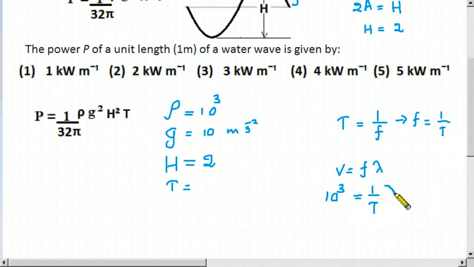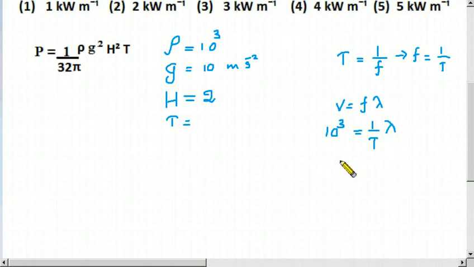So lambda is the next problem. If we know lambda, we can find T. But we have used several times the equation lambda equals root of g times h, where h is the depth of the sea at that place. This is the equation for the ripple tank. Ripple tank is in our syllabus, and therefore you should know this equation.